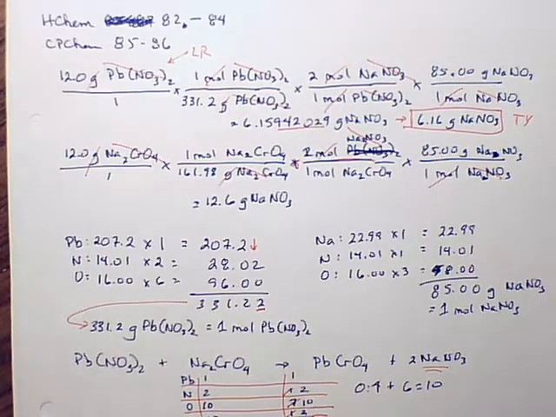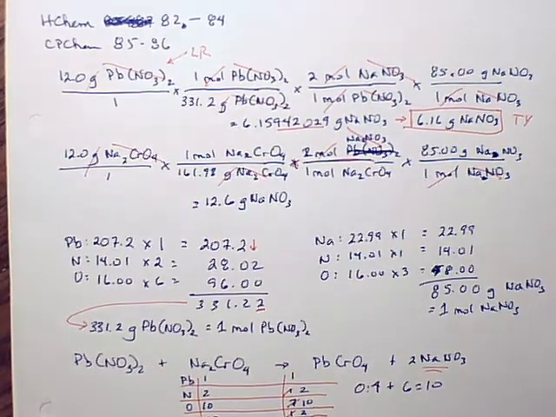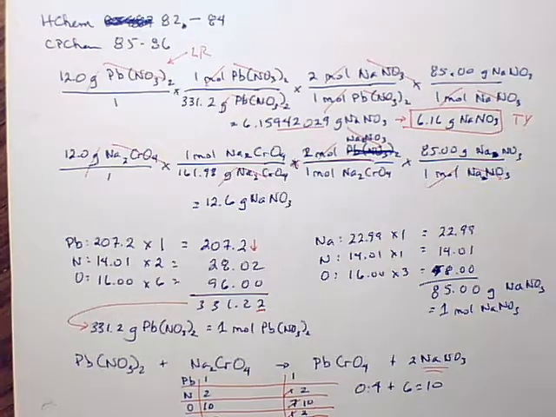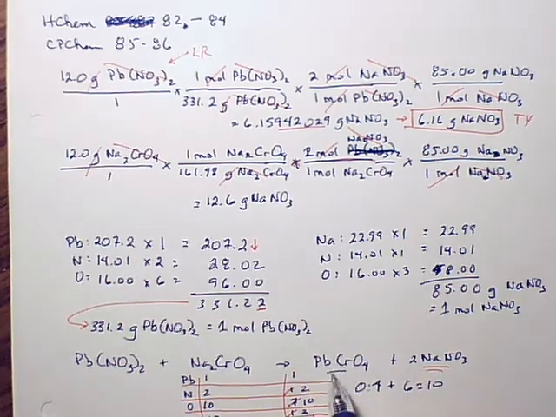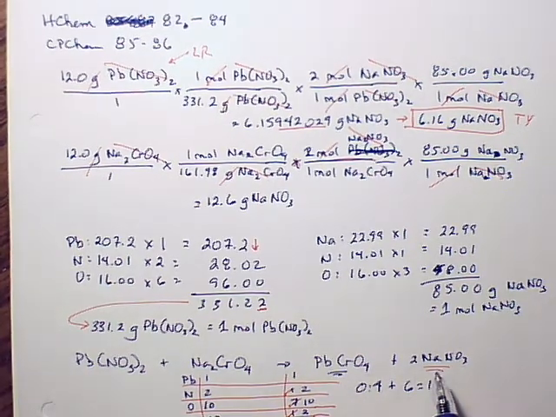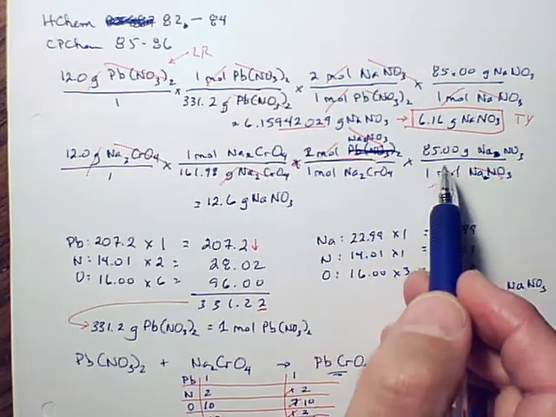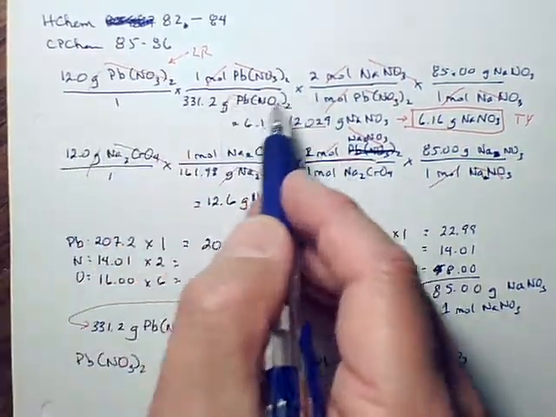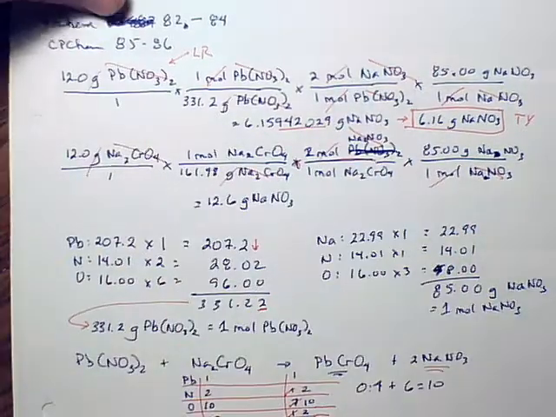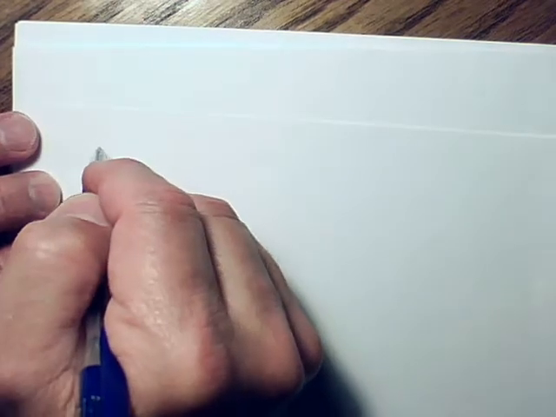Number 84, corresponding to number 87 on the CP exam, is actually asking about a different product here. It's asking about this product, not this one. So we really only have to do one calculation because we know what the limiting reactant is. This is the only calculation we have to change right here. So this would be 84 and 87.